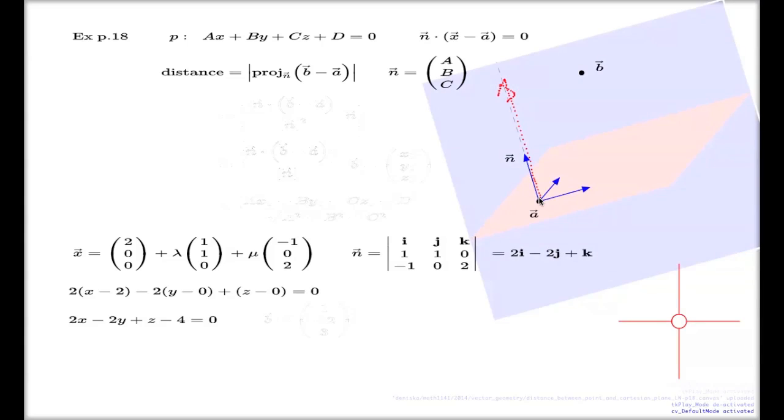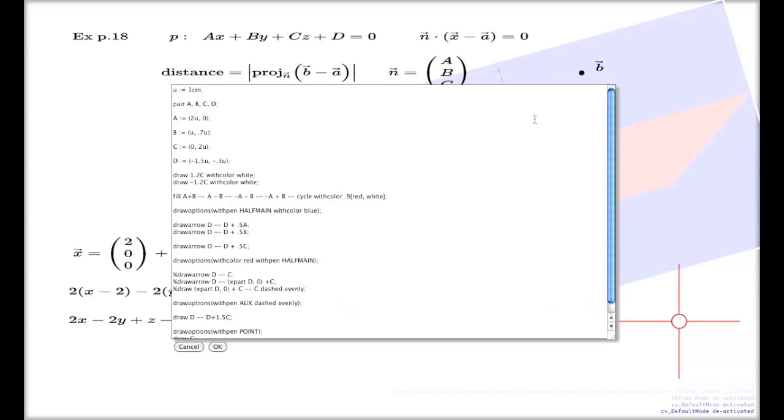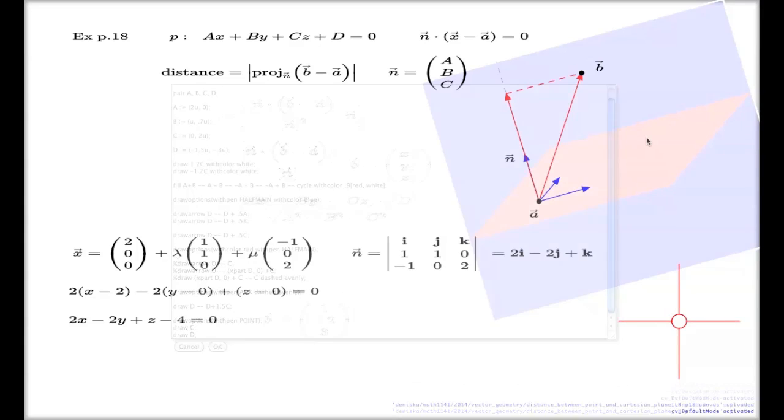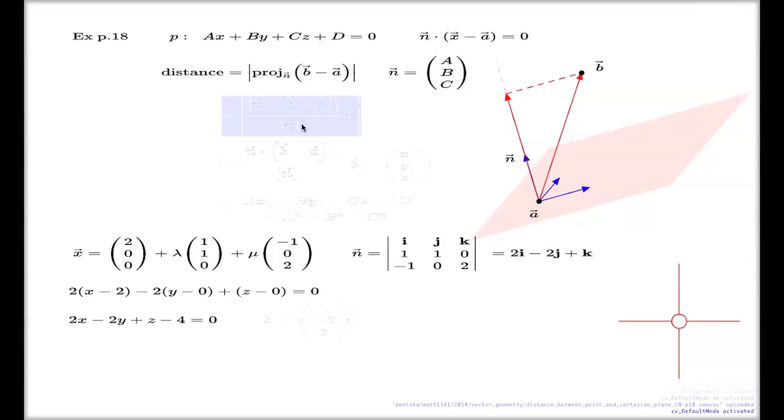We have to project this difference, B take A. If I project, it will be a vector whose length will deliver me the distance. That is exactly what I should do computationally. I have to project B take A onto the extension of the n vector. Let's just try to do that symbolically. So here's the expression for the projection.